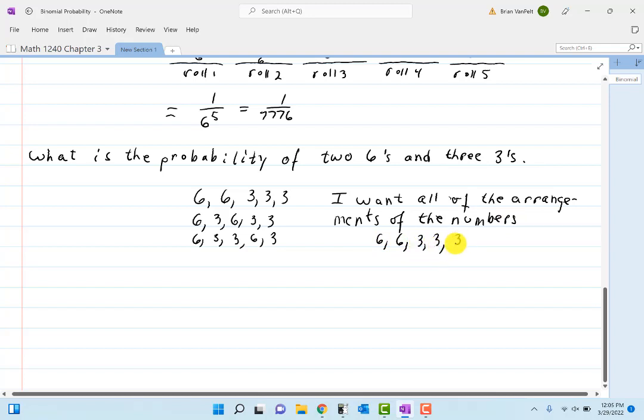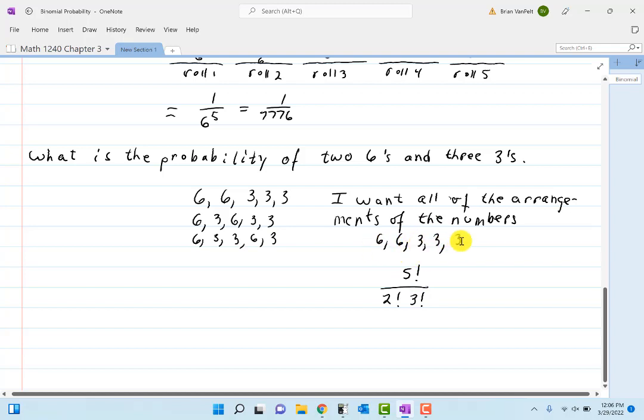And we have that. The number of those arrangements is 5 factorial divided by 2 factorial times 3 factorial. We have 2 6s, that's where the 2 factorial comes from, and 3 3s, that's where the 3 factorial comes from. Remember, when we were talking about the total number of arrangements where we had repeated letters, the formula went like that.